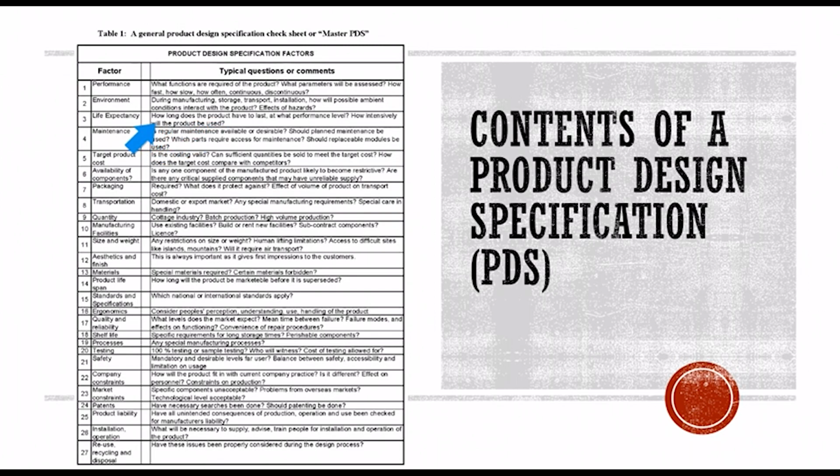And for the remaining factors, we have maintenance, target product cost, availability of components, packaging, transportation, quantity, manufacturing facilities, size and weight, aesthetics and finish, materials, product lifespan, standards and specifications, ergonomics, quality and reliability, shelf life, process, testing, safety, company constraints, market constraints, patents, product liability, installation, operation, and reuse, recycling and disposal.